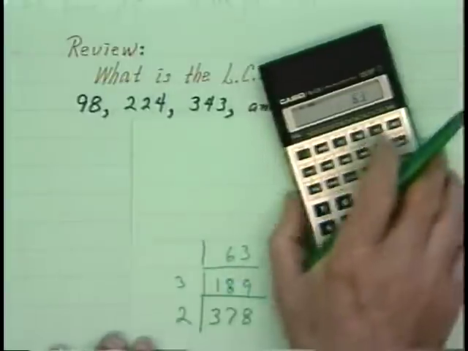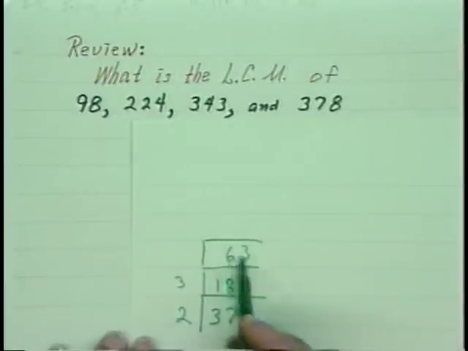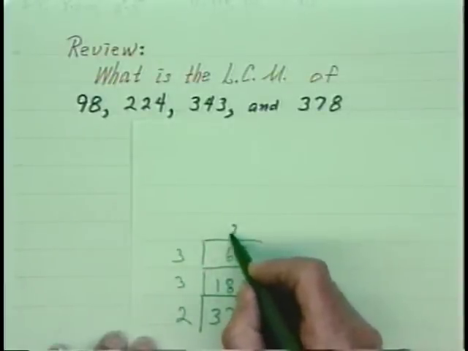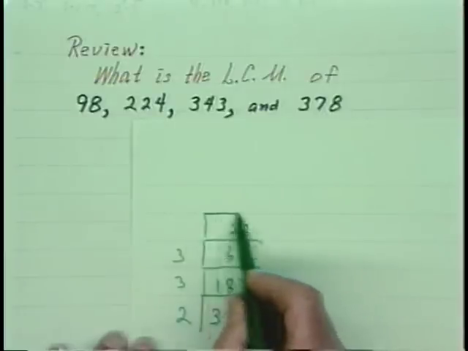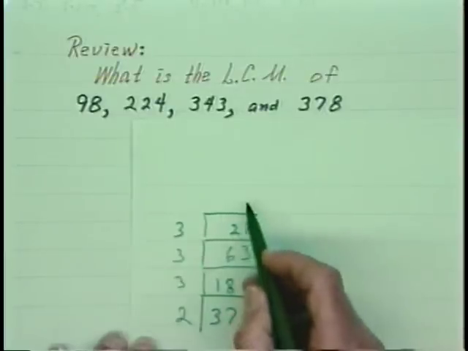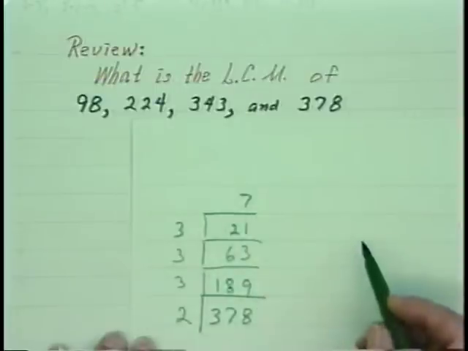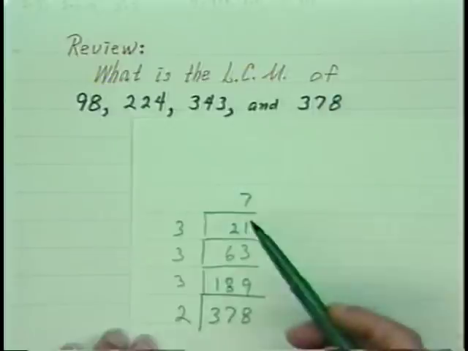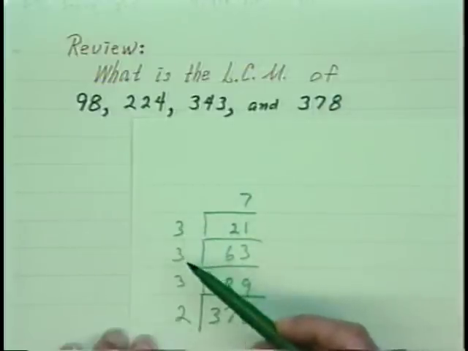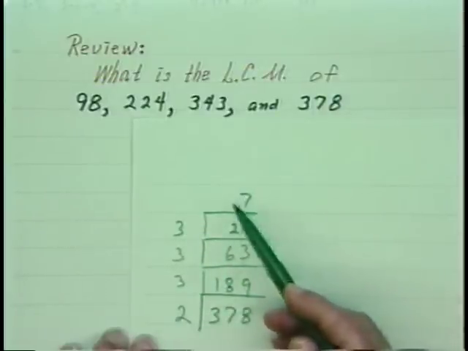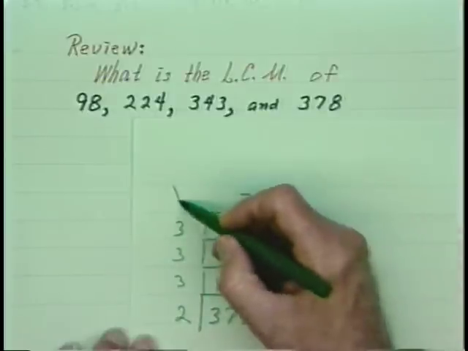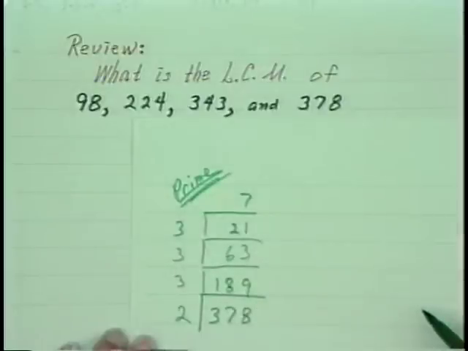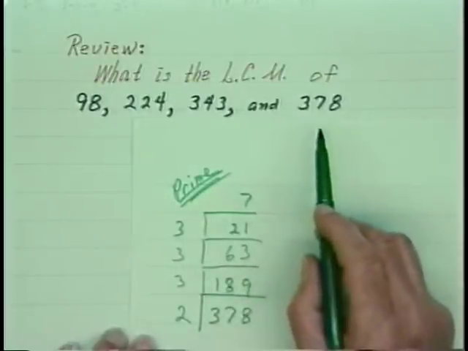Same thing here, even without a calculator, we can see that 3 divides into 63. And again, 3 divides into that quotient of 21 7 times. So now we know that 378 is 7 times 3 times 3 times 3 times 2. And each of these are prime numbers. Do recall it's very important that they be prime numbers. After all, we are prime factoring.